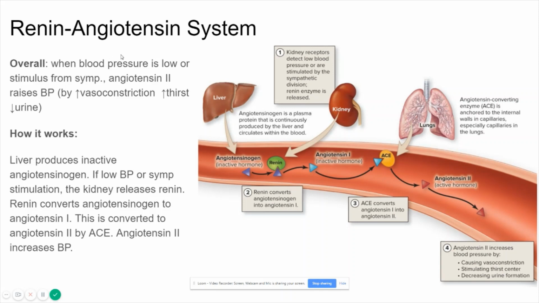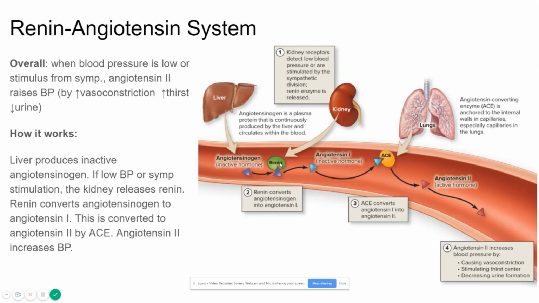Okay, so how does this work? Well, your liver all the time is producing this inactive hormone that's called angiotensinogen. That hormone is, as I said, continuously produced, and it's just circulating around all the time. If your kidneys detect low blood pressure or they're being stimulated by your sympathetic nervous system, they release another enzyme that's called renin.